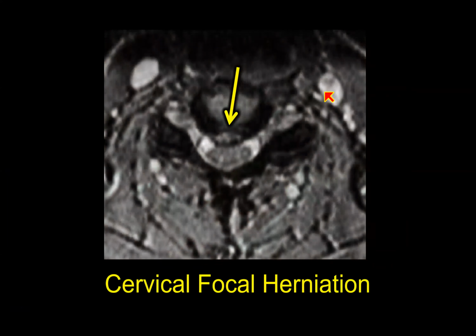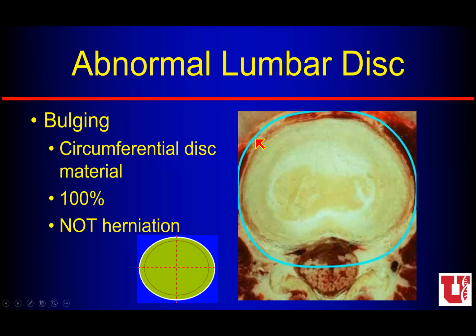And we can see those anywhere in the spine. So we might see those in the cervical spine. So here's a cervical one on an axial T2. We want to differentiate that from a bulge, kind of a circumferential disc material. So that's not considered a herniation if it's bulging. It can be 100% all the way around.